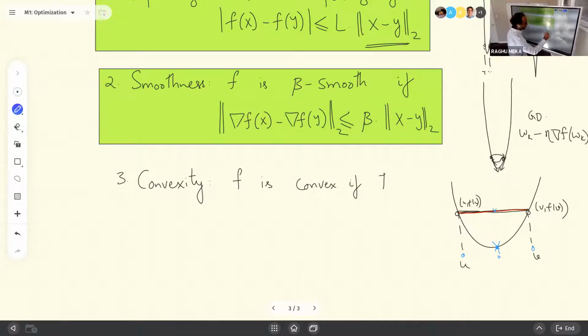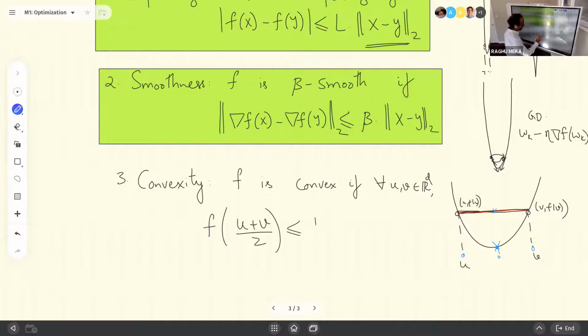If that's the pictorial definition, and mathematically, if for all u, v in R^d, f of (u plus v)/2 is less than or equal to... okay.